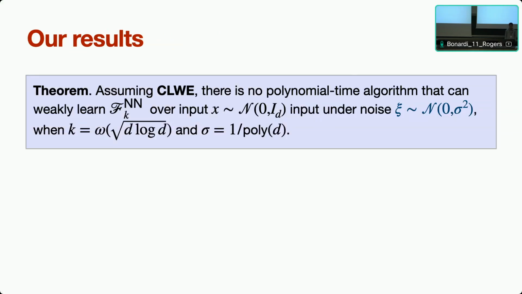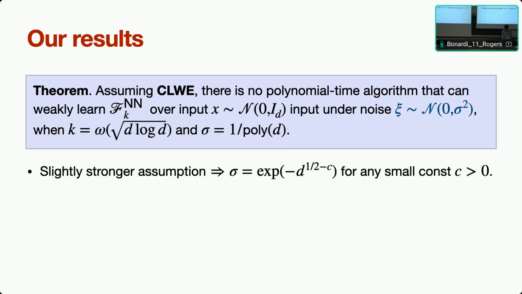So let me formally state our result. Assuming CLWE, which I will explain in the next slides, there is no polynomial time algorithm that can weakly learn this class of one hidden layer neural networks over the Gaussian input and Gaussian noise when the width is larger than roughly square root of d, and the standard deviation of the noise is roughly 1 over poly(d).